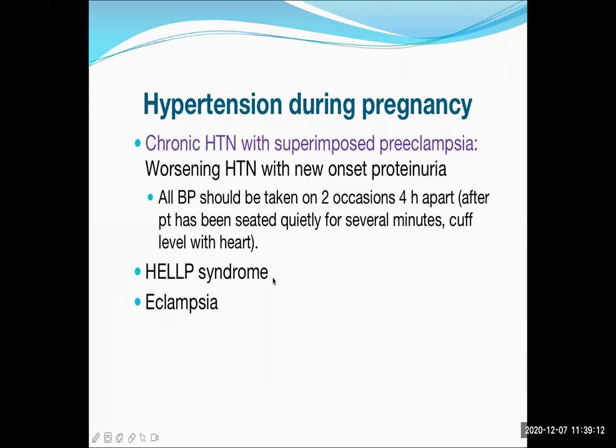HELLP syndrome, we already talked about. Hemolytic anemia, elevated liver enzyme, and low platelet. This is a combination of 3 things together. And this is considered as one of the complications of preeclampsia. Eclampsia is preeclampsia with seizure. That seizure is a generalized tonic-clonic type of seizure, which is also known as grand mal seizure.